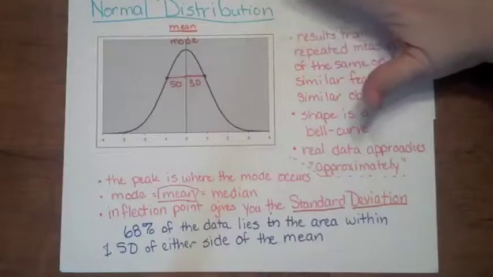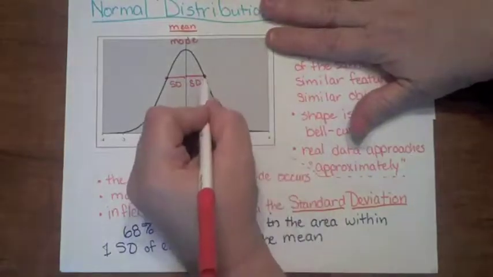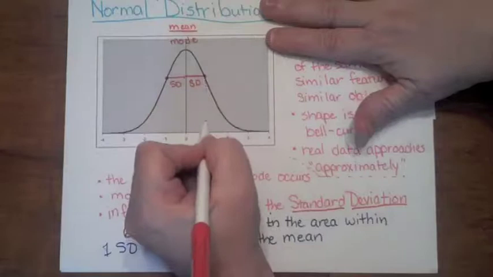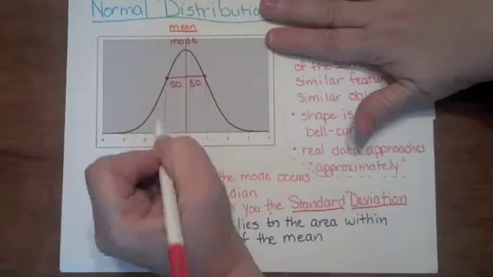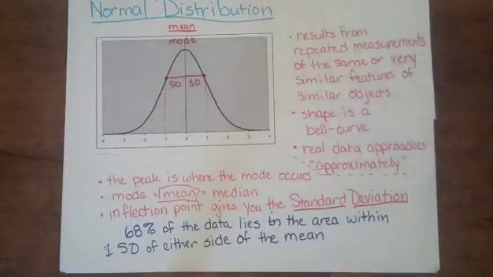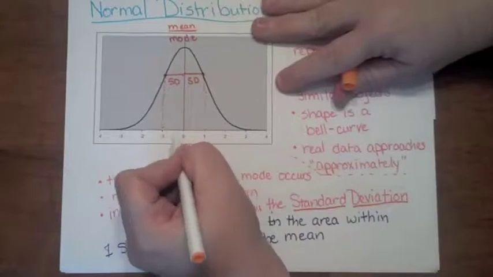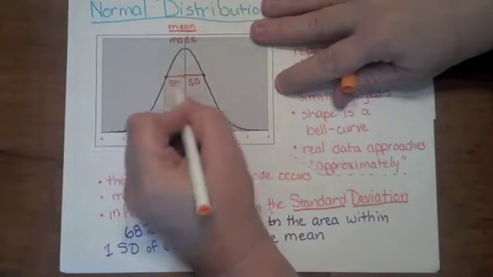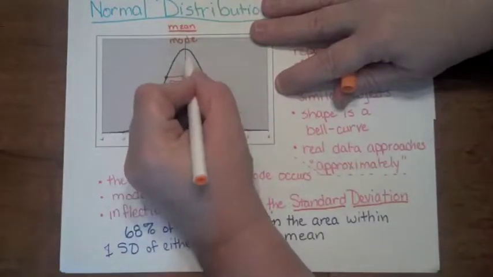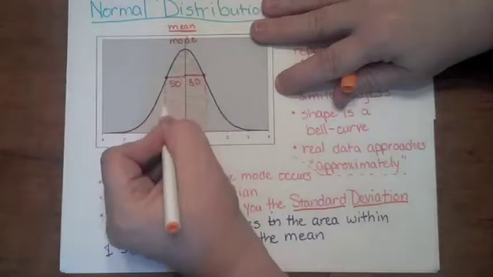The reason this is really important is the standard deviation is considered to give you 68% of your data should lie within the standard deviation either side of my mean, which means this area that I'm going to shade in contains 68% of my data. 68% of the data points are between here and here.